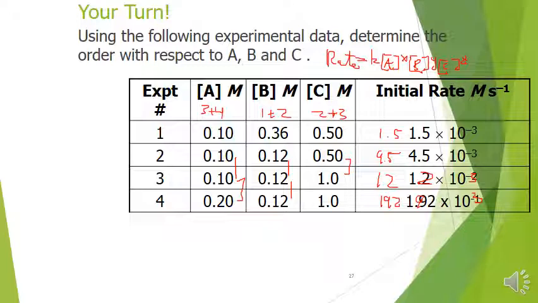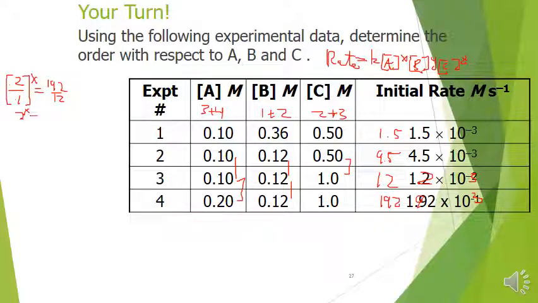All right, so let's look at A. A looks at 3 and 4. If you look at the previous experiments, the way we did it mathematically, the other two variables cancel out, and you just have the A. So you're going to have 0.2 over 0.1, raised to the x power, and that's going to equal 192 over 12.